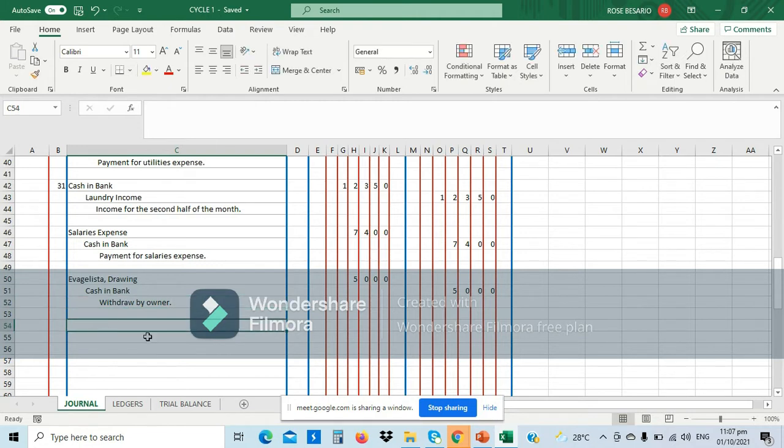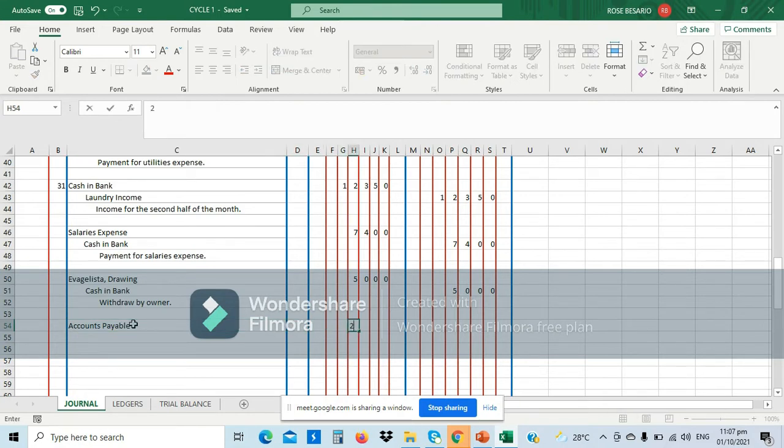Then next, we have paid accounts to Subic Supply Incorporated, 2,750. So we debit accounts payable, 2,750.